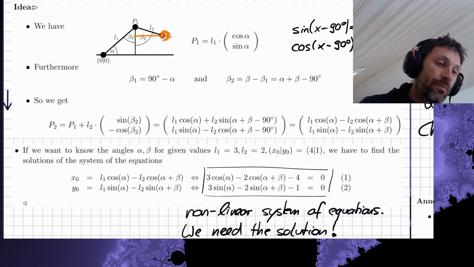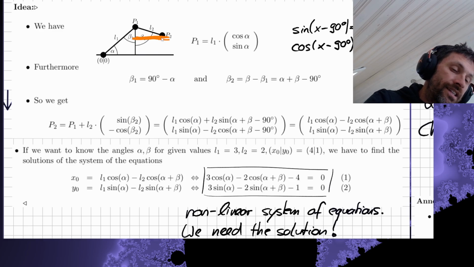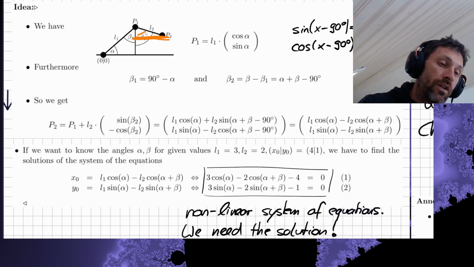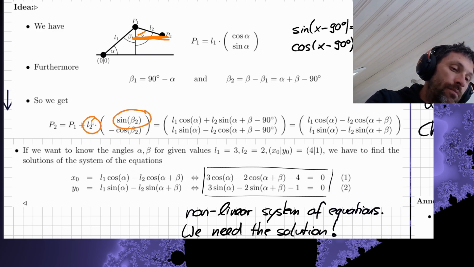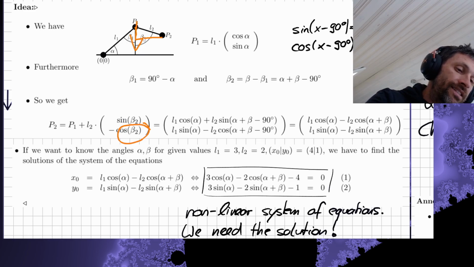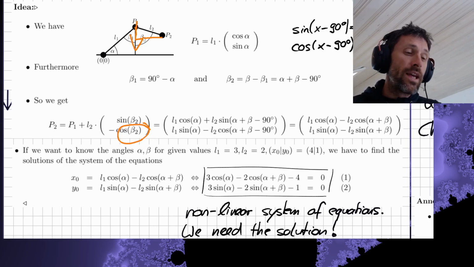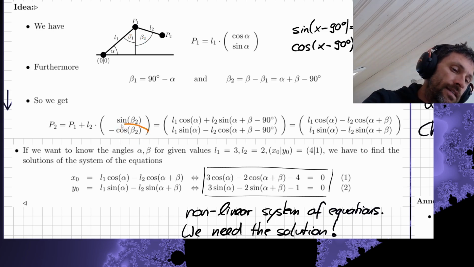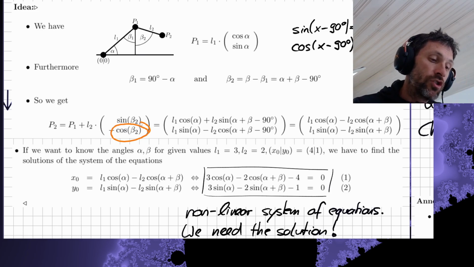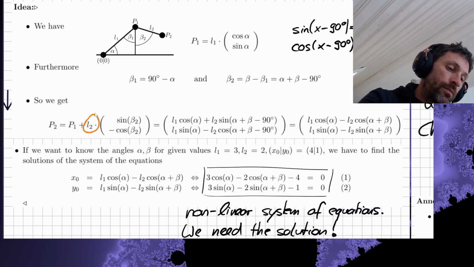How can we do that? We know beta 2, so this length is given by sine of beta 2 times L2. And this length is cosine of beta 2, but is directed to the negative direction of the y-axis, so it's minus cosine of beta 2 times L2.